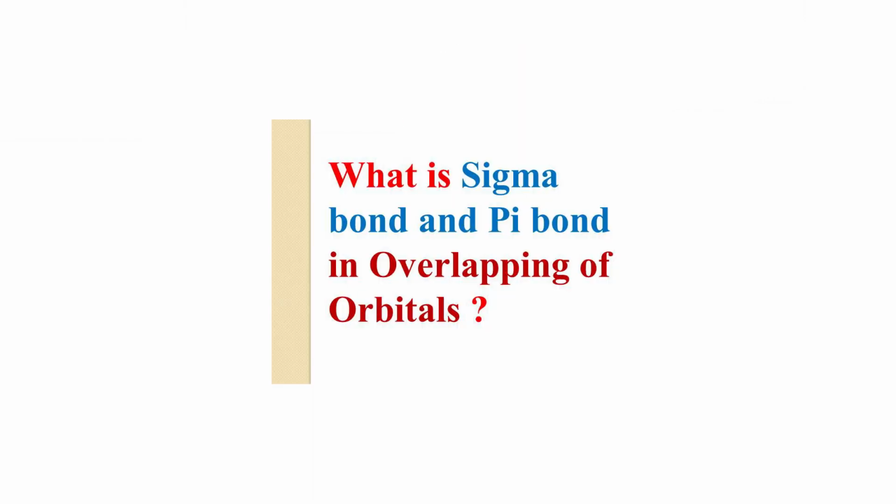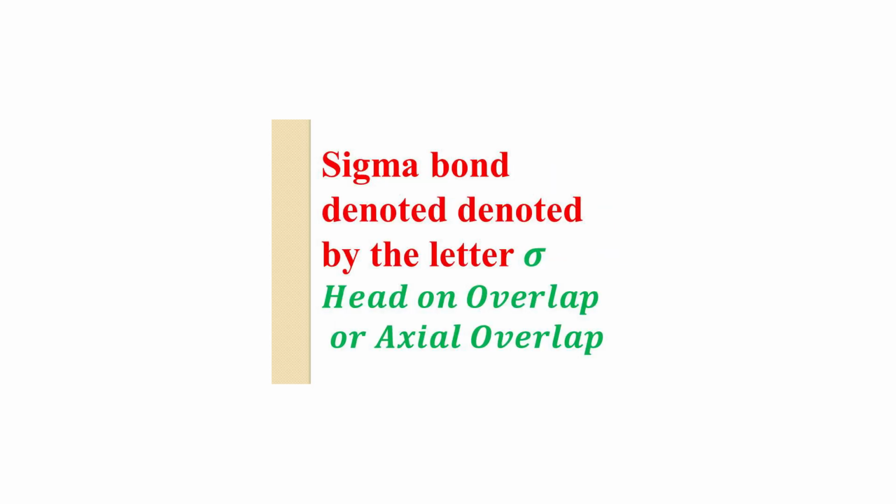Next, we pass on to what is sigma bond and pi bond in the overlapping of orbital. What is the term represented by sigma bond? Sigma bond is represented by the letter sigma. See the picture. It is head-on overlap or axial overlap.